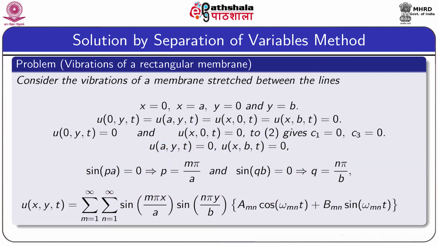This implies pa must equal mπ, where m is some integer, or in other words p = mπ/a, and the condition at y = b equal to 0 gives sin qb = 0, which implies qb must equal nπ, where n is some integer. So, this gives q = nπ/b.